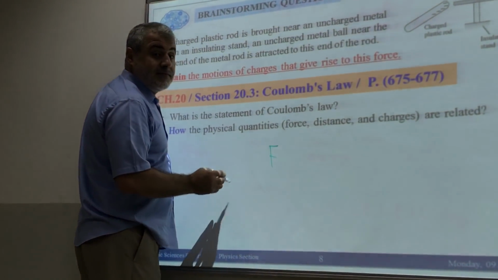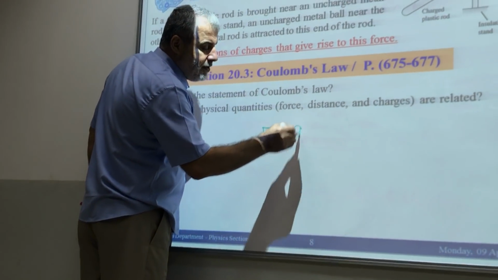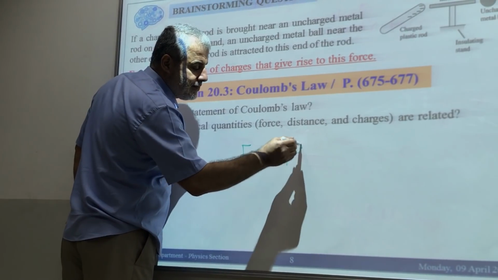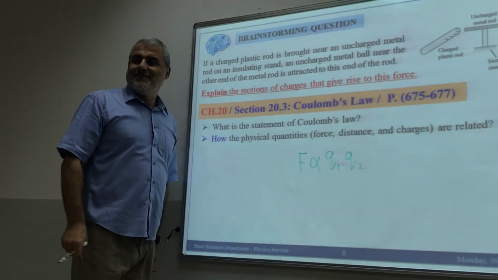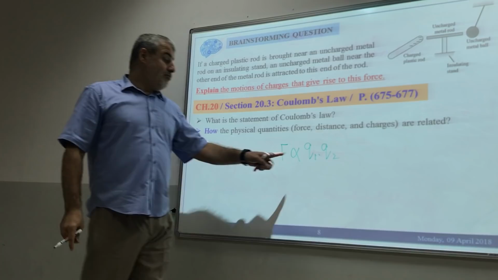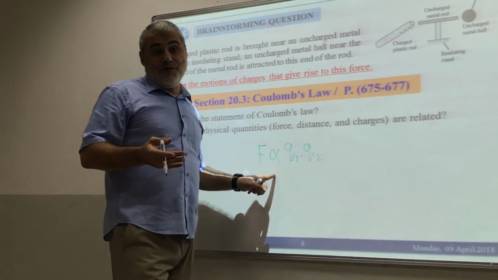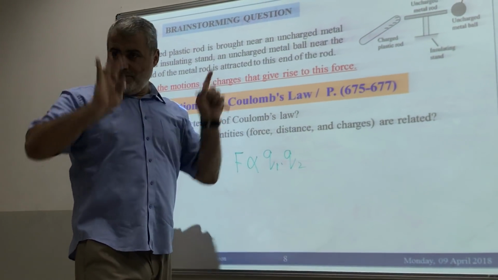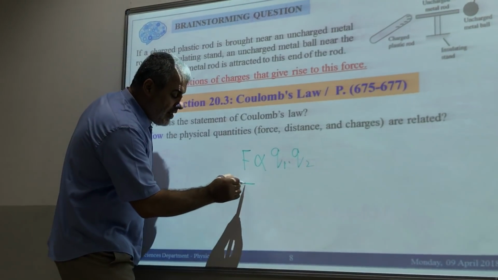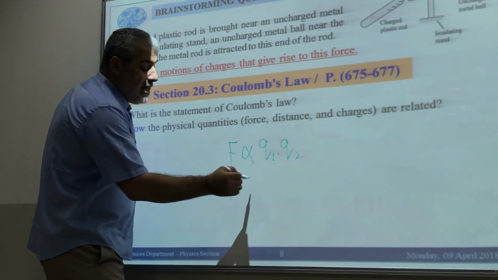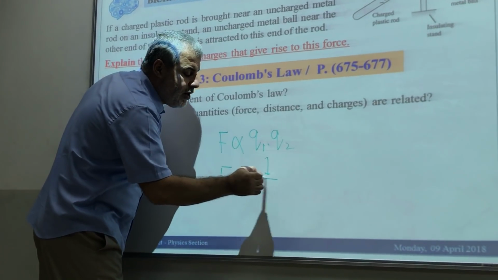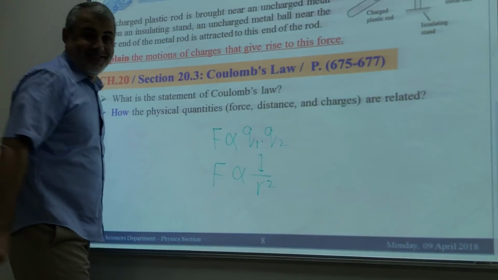This force is directly proportional to the product of the two charges. So more charge, we have more force, attraction or repulsion, mutual. And we found also that the force is inversely proportional to the square of the separation between the charges.